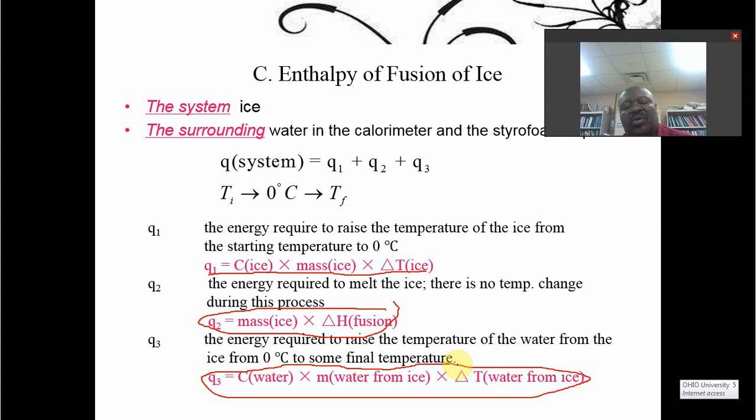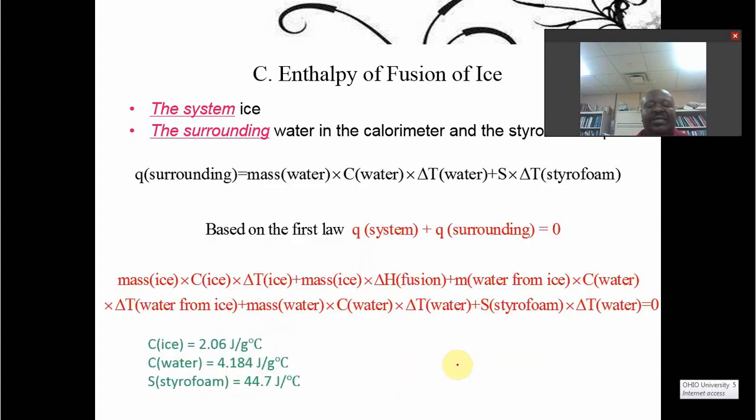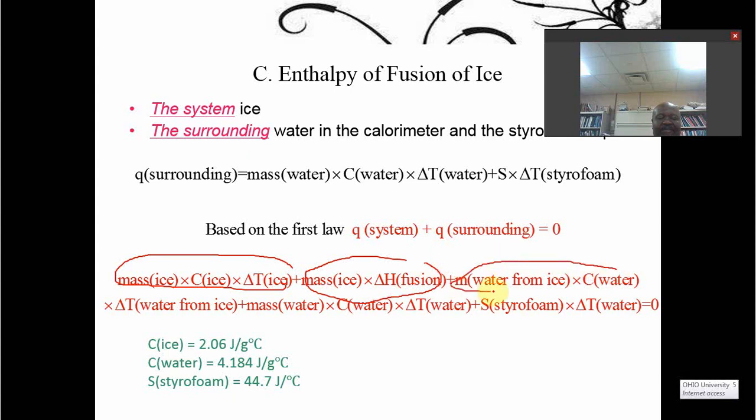So we're going to set up a whole system that says Q system plus Q surrounding is equal to 0. It'll be a long expression this time. So let's go. Here's Q1. Here's Q2. Here's Q3.